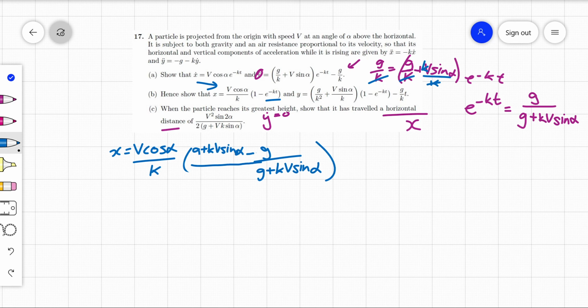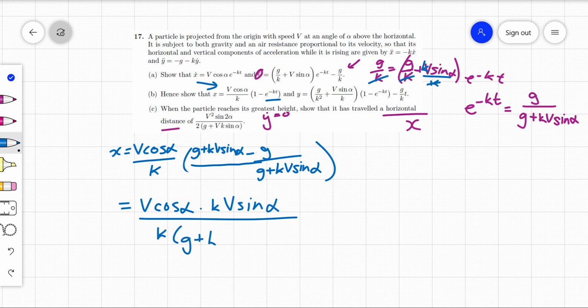So you can see this is going to have a g minus g, so I'm just going to get a kv sine alpha on top of there. So on top, I'm going to have this v cos alpha times kv sine alpha, because the g's cancel. And on the bottom, I've got k lots of g plus kv sine alpha.